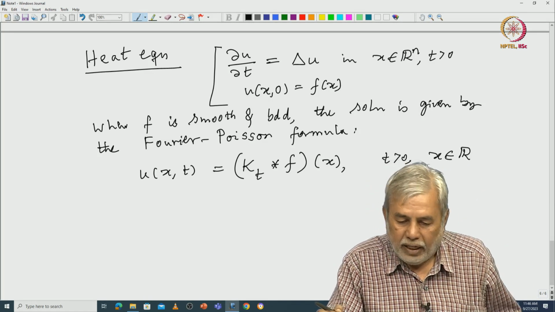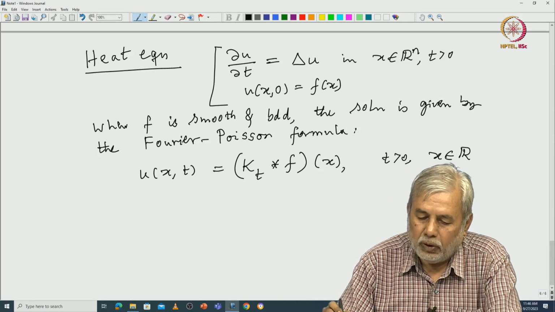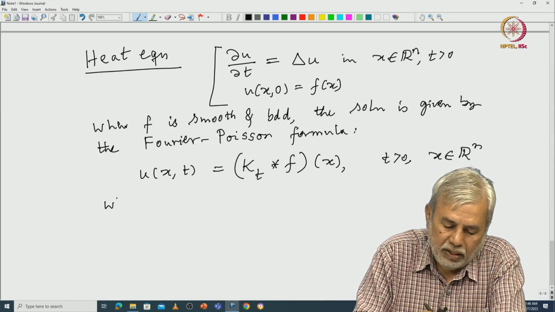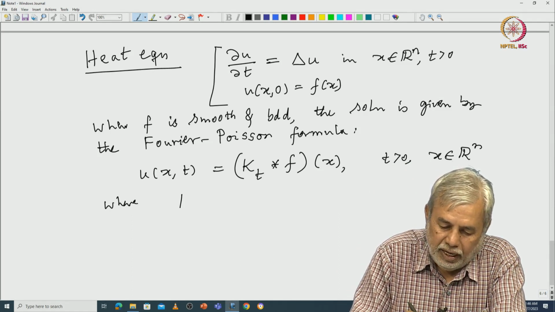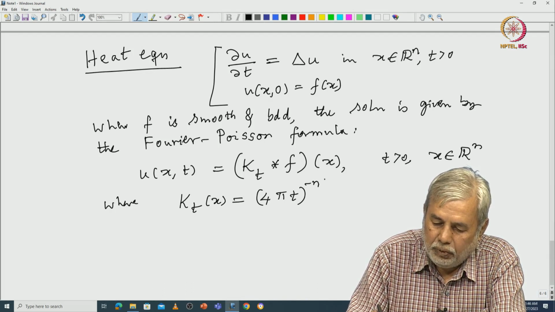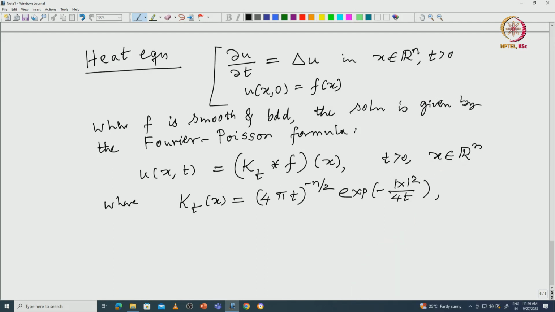So k t is the Gaussian or fundamental solution of the heat equation, where k t of x is 4 pi t to the power minus n by 2 e to the minus mod x square by 4t. So this is for t positive.